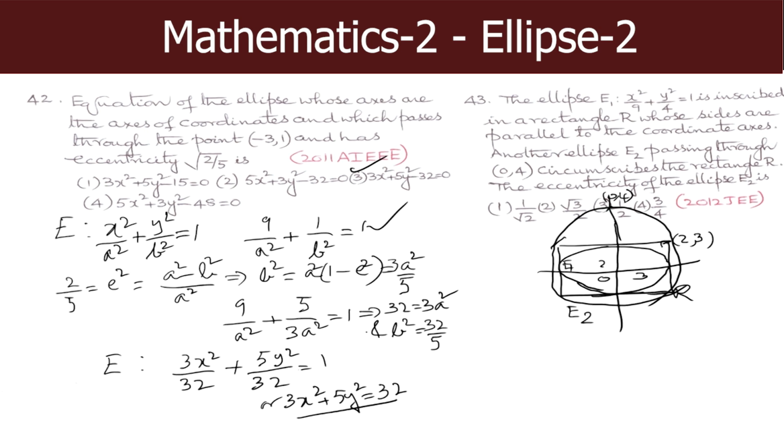They are asking for the eccentricity. So, let's suppose E2 is x square by a square plus y square by b square equal to 1, where a less than b, because here another ellipse is passing through (0, 4), a point on the y-axis.